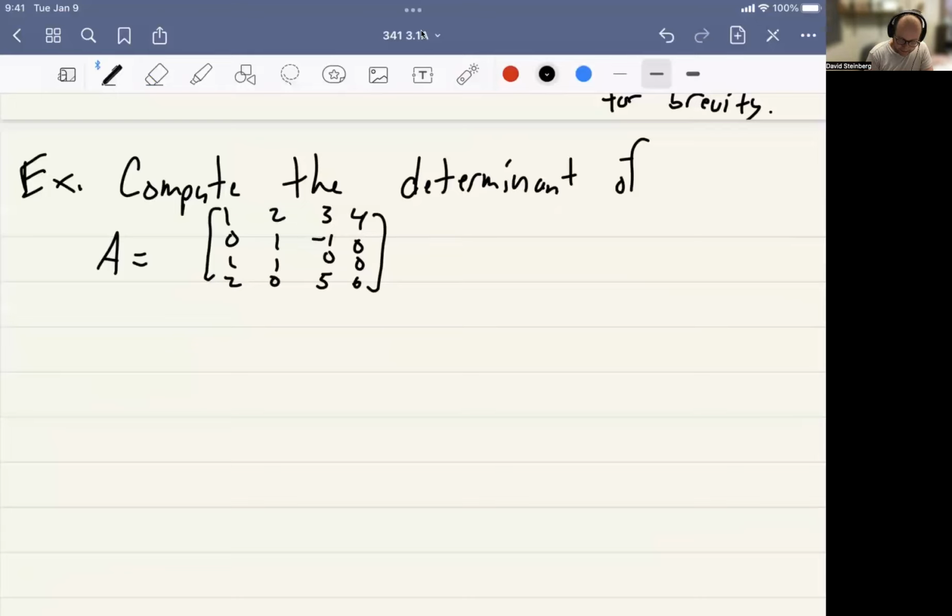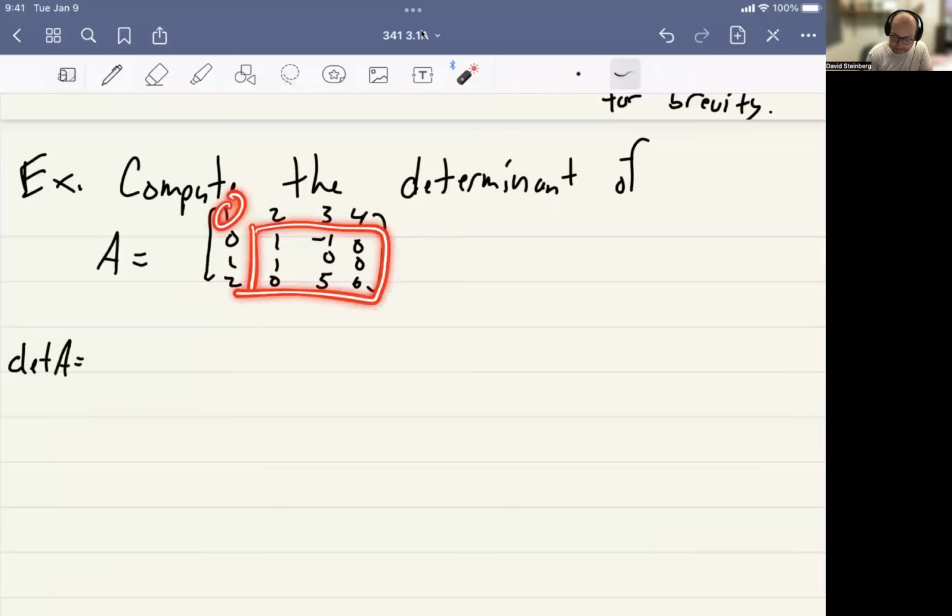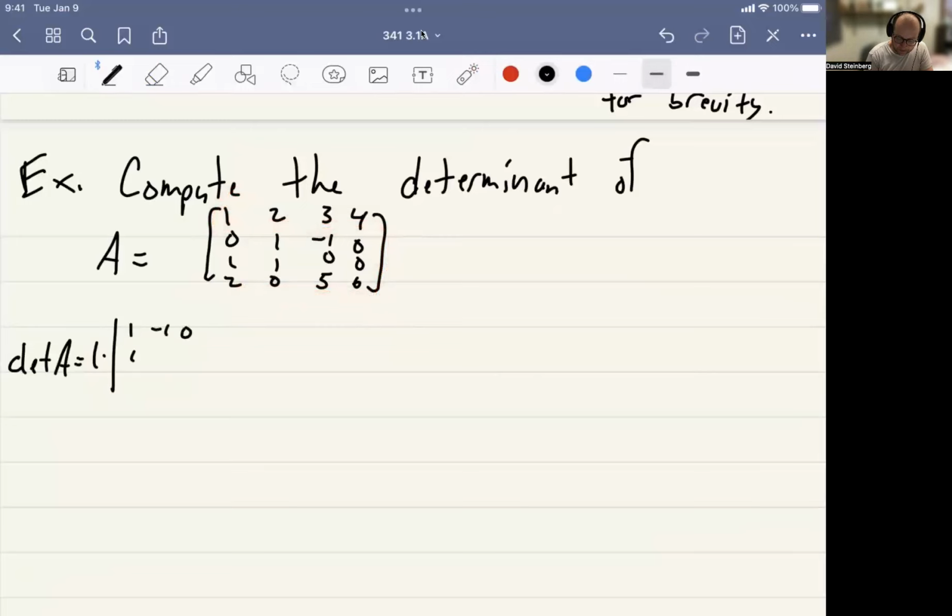So we know that the determinant of A should be 1 times that determinant. We're using the absolute value to mean determinant: 1, negative 1, 0, 1, 0, 0, 0, 5, 6. That's the 3x3 matrix we get by deleting the first row and column. Then minus 2, eliminating that row and column, gives a 3x3 matrix: 0, 1, 2, negative 1, 0, 5, 0, 0, 6.